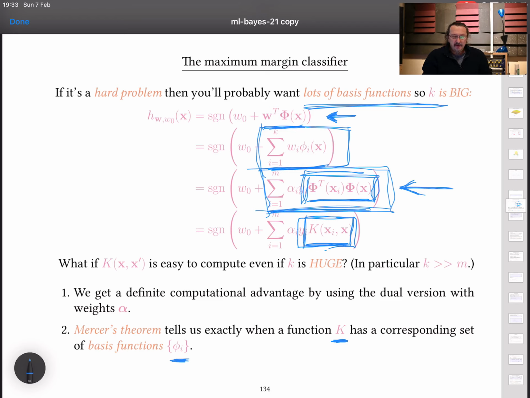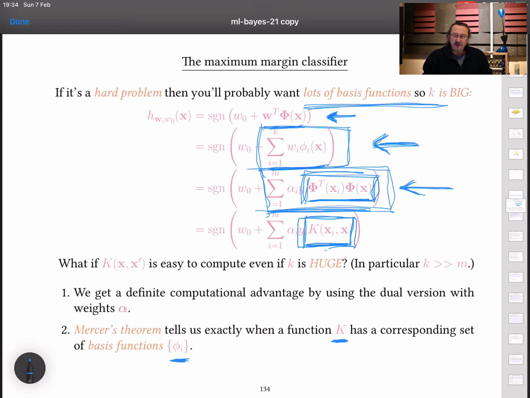So this is a nice payoff. Once again, just to summarize, let's say we have an absolutely massive k, possibly infinite, then we have a very big sum here which we have to compute in order to classify a new thing x.